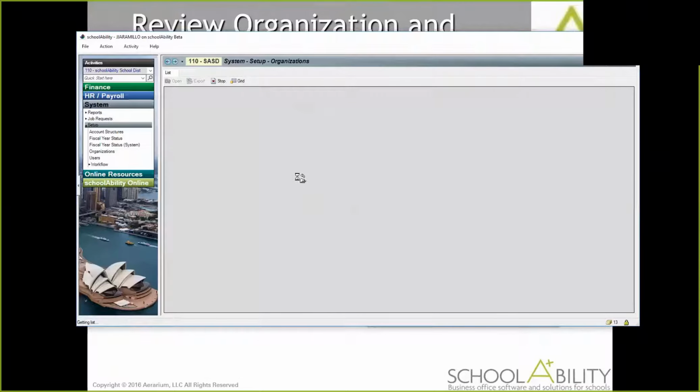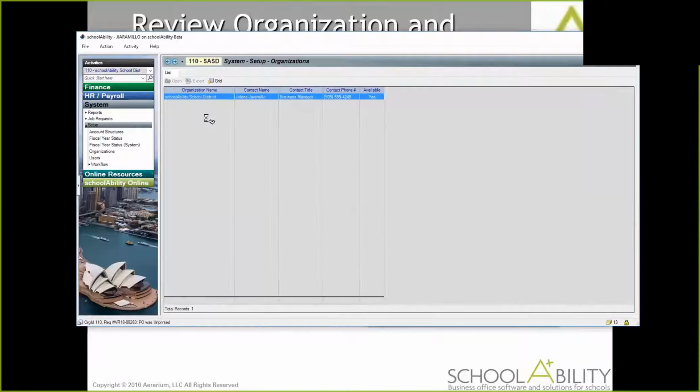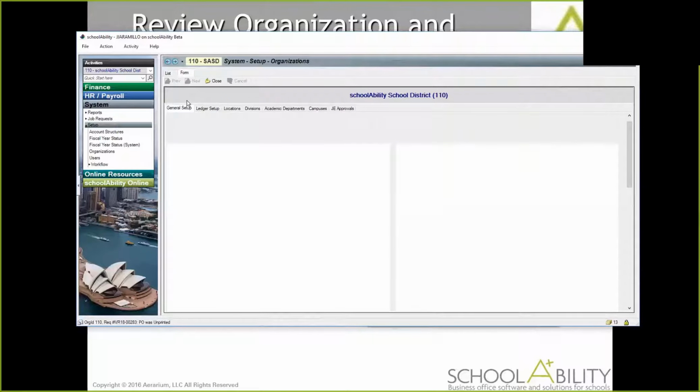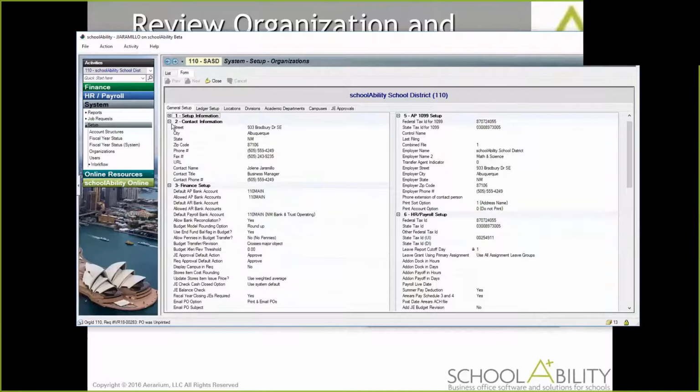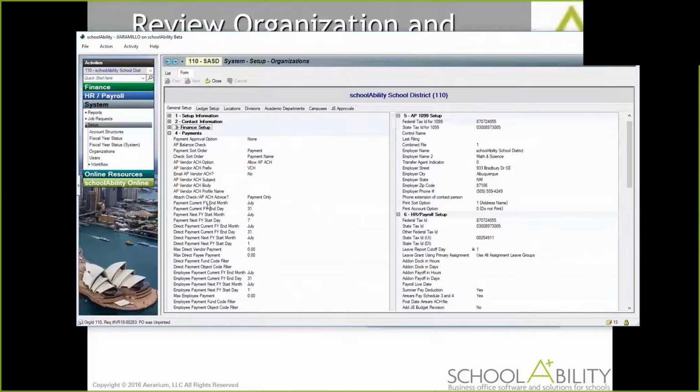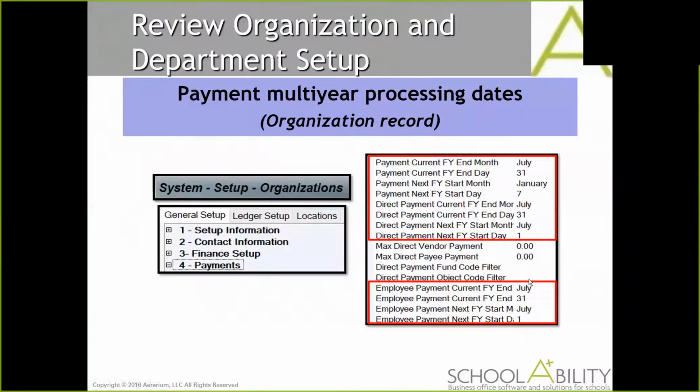I'm supposed to go to Organization. Sorry about that. So here I'm going to minimize these sections. I'm going to go to Section 4, and these fields are listed here and then here. In this case, I did correct it, so the payment next fiscal year start month should be July.